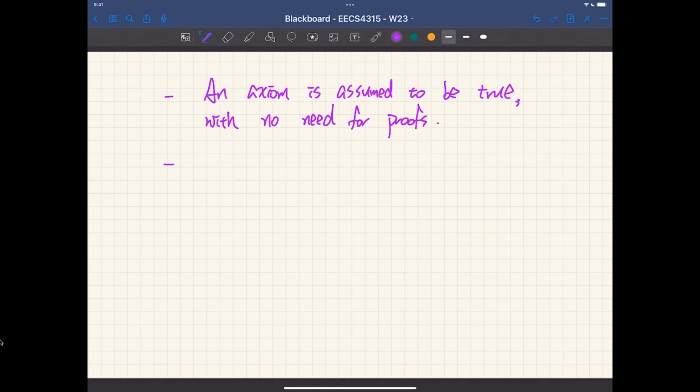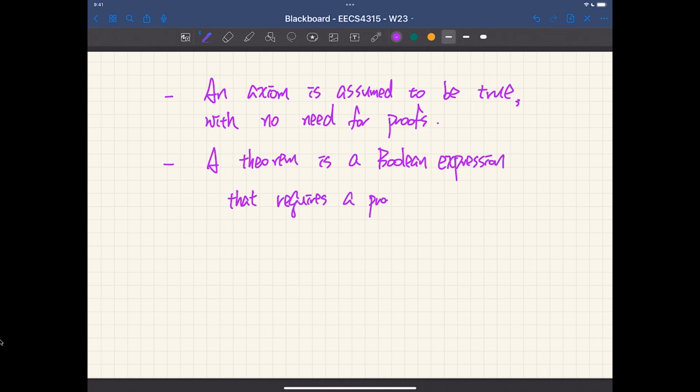A theorem is, let's say, a Boolean expression, or a predicate, that requires a proof to show that it's always true.